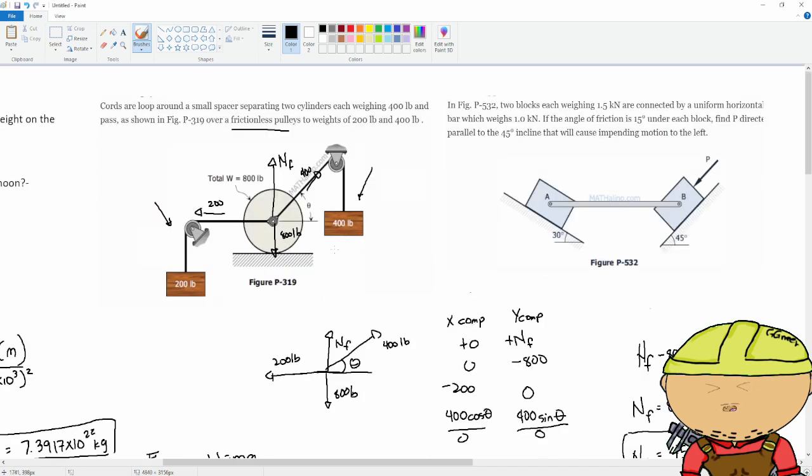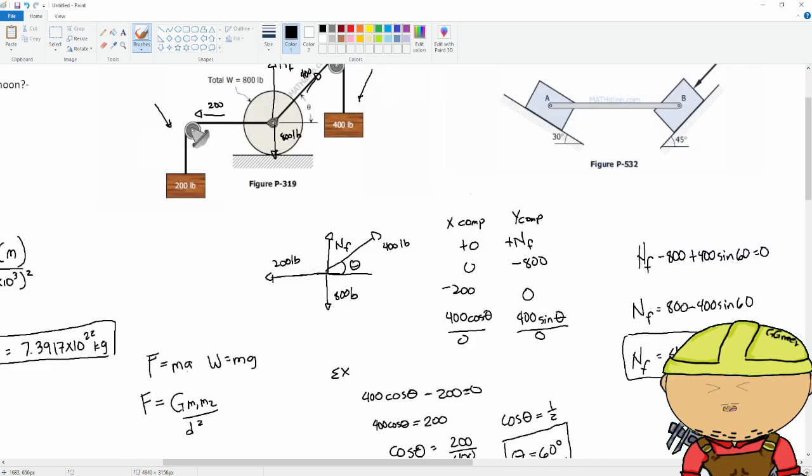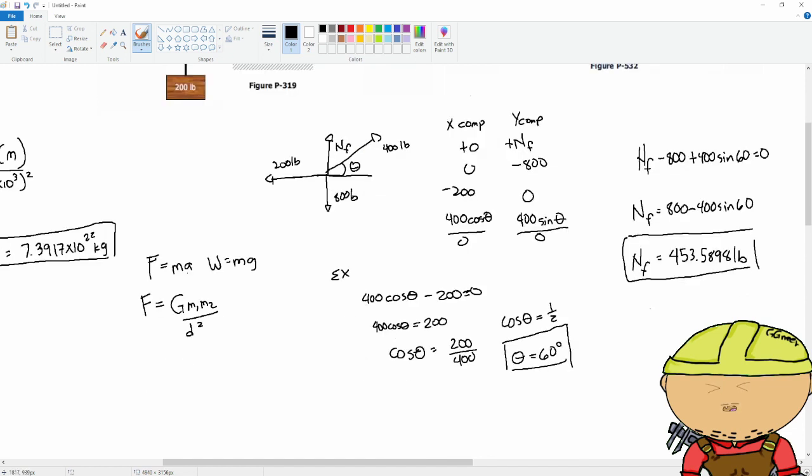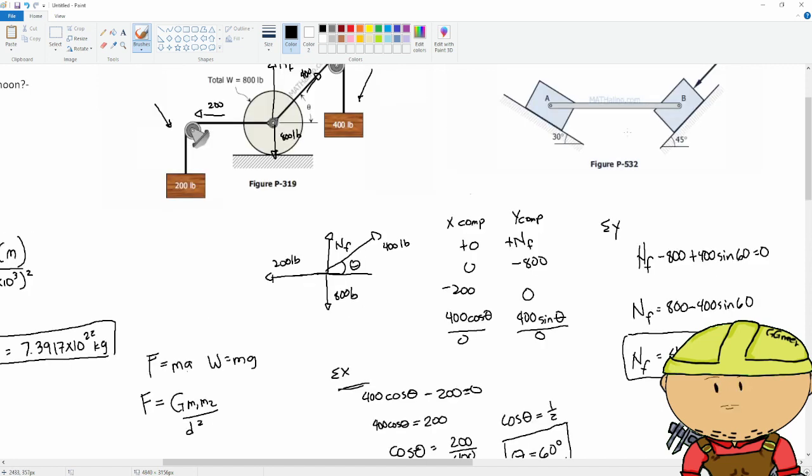And also, you need to know where to put your friction, normal force, compressive force, and tensile force. You have your X component and your Y component. Diagram, component method, algebra, formula from physics. I think that's the most essential part.